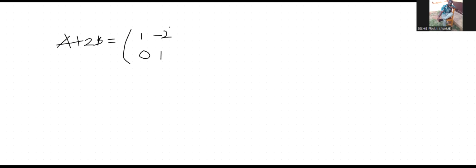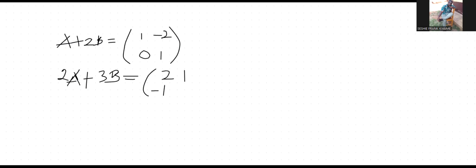And 2A plus 3B is giving us 2, 1, negative 1, 0. What are we to find? I have to find A and B.